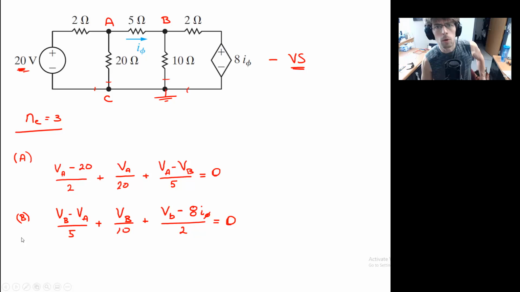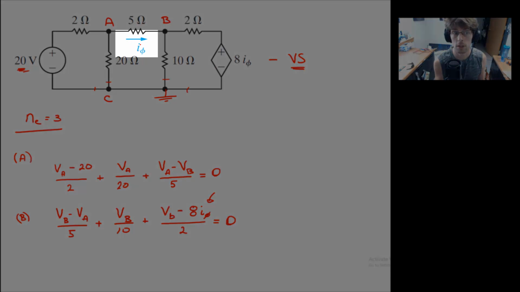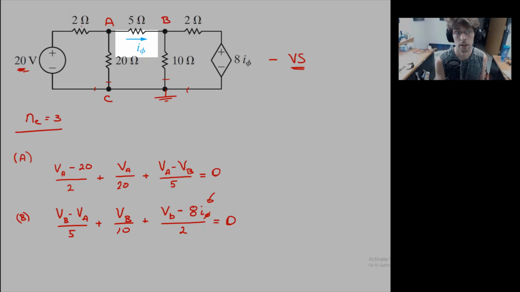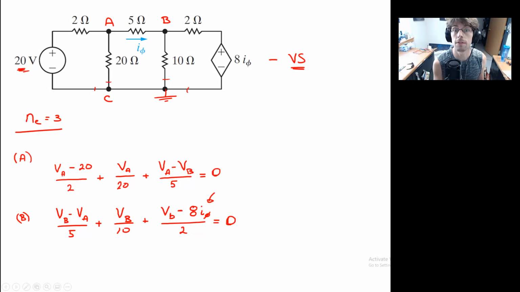Now you say, well, Greg, what do we do about this? We have this I naught now. We were supposed to get rid of the I's. And I say, yes, that's correct. Notice that this circuit shows us the branch where I phi is. Whatever the current is through this 5 ohm resistor, that's the current that I use here in the current controlled voltage supply.